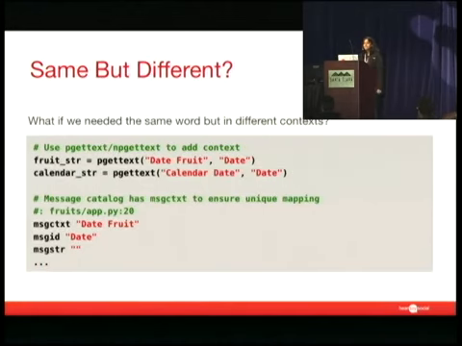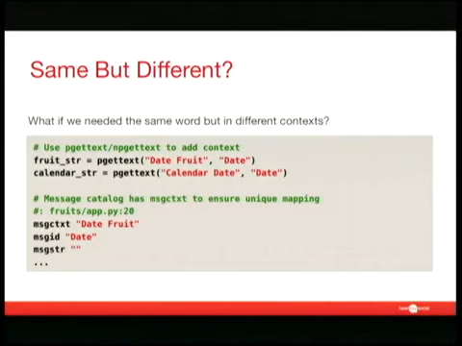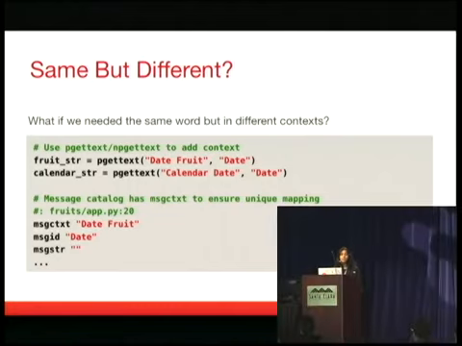But say, for instance, I needed to show date in two different contexts in my application. I have a date fruit, and I have a calendar date, and I want both strings to show up in my application, but in different contexts. Here's where the pgettext call comes really handy.